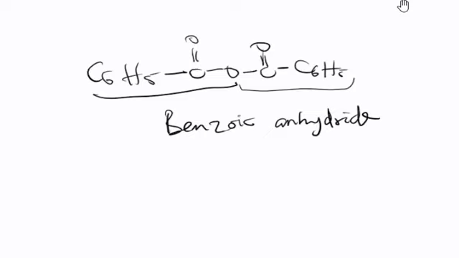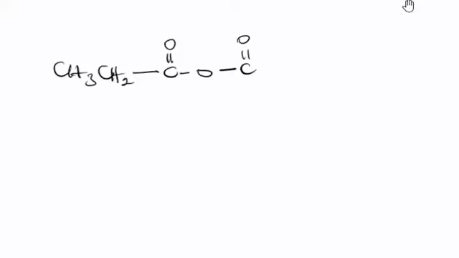Alright, so let's consider the next example. Let's say I have CH3, CH2, COO, COO, then CH2 and CH3.